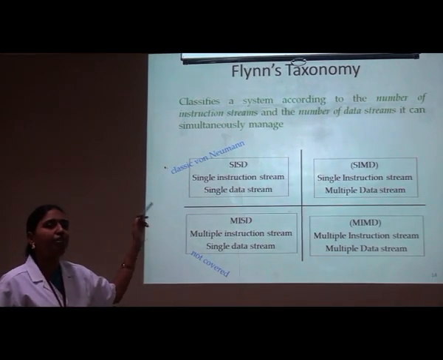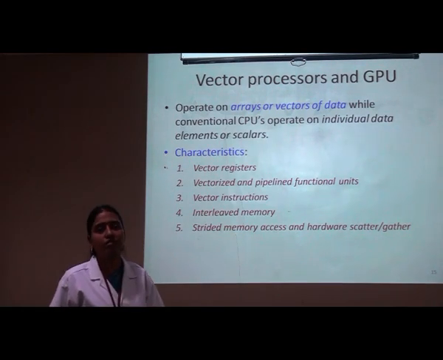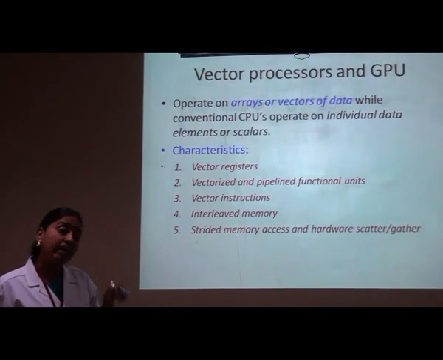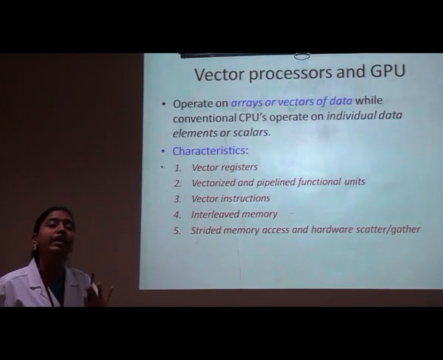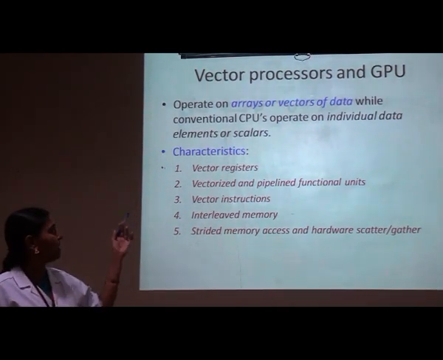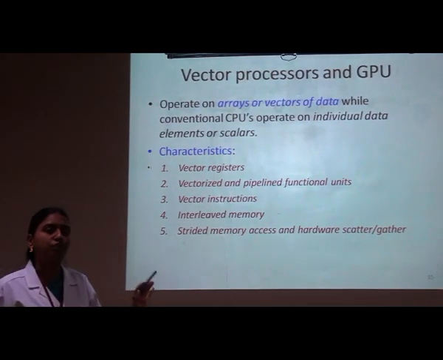The best examples for SIMD are vector processors and the graphics processing unit. If we use a vector processor, we need to use its special characteristics, and only then will it be implemented well. So what are the characteristics of a vector processor? We need vector registers to store our data.